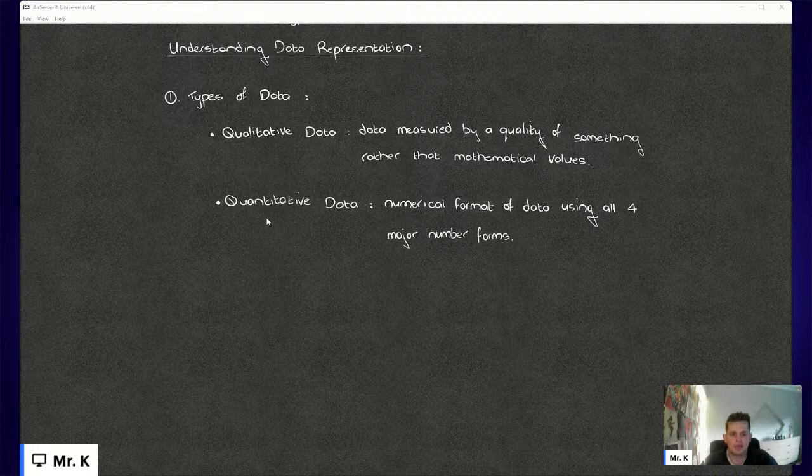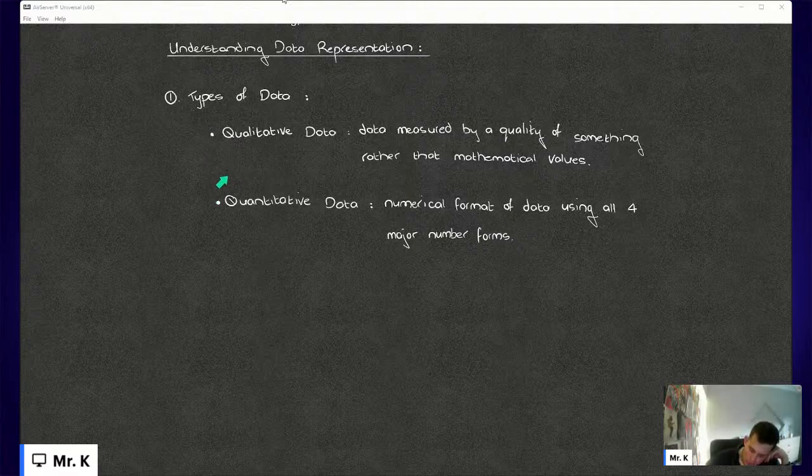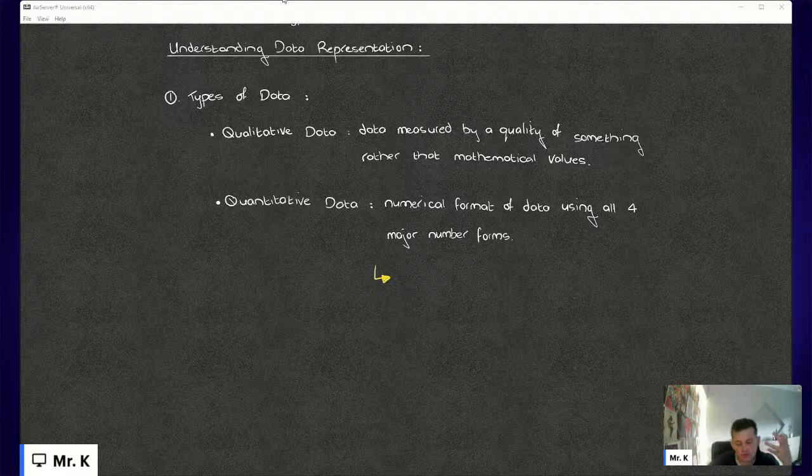Now we know that we have qualitative and quantitative data, but weirdly enough, quantitative data can be split up into its own two subsections. Under quantitative data, we have two kinds of numerical information that we collect.